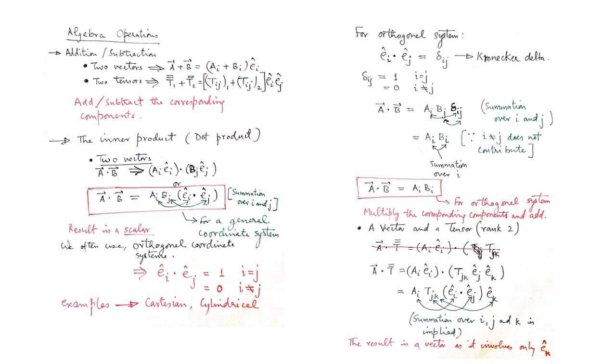A dot b is then simply written as a_i b_j delta_ij. Since I have indices on the Kronecker delta symbol, i is a repeating index and j is also a repeating index, so summation over i and j is again implied. But we know that delta will only contribute, with its value as unity, whenever j is equal to i.